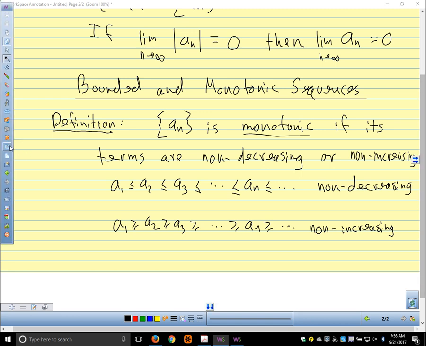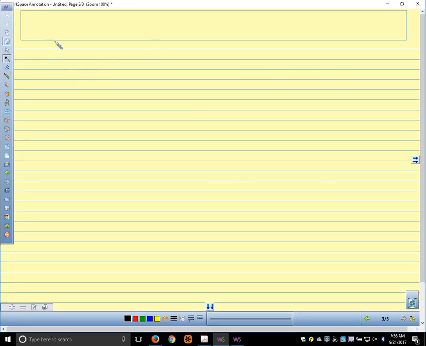All right, a bounded sequence. So another definition, and we're going to break this into several parts.